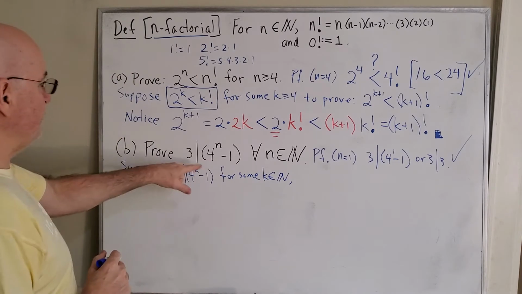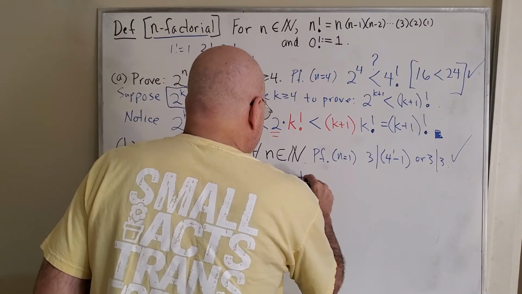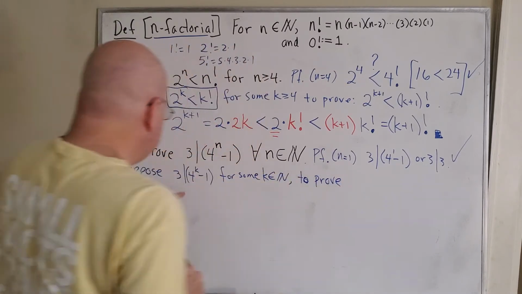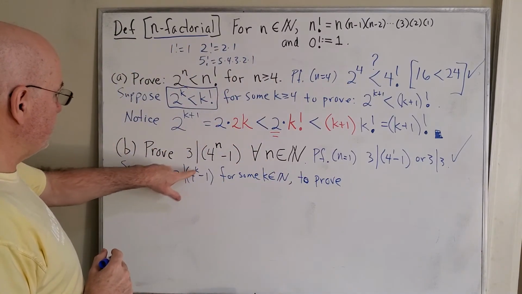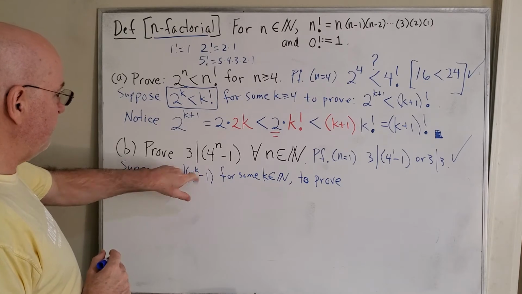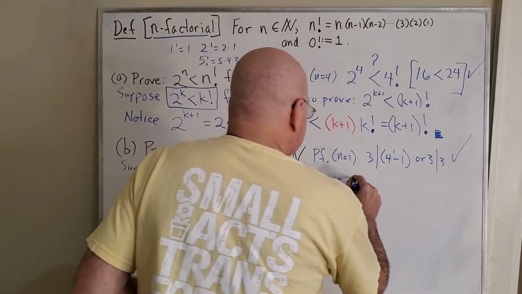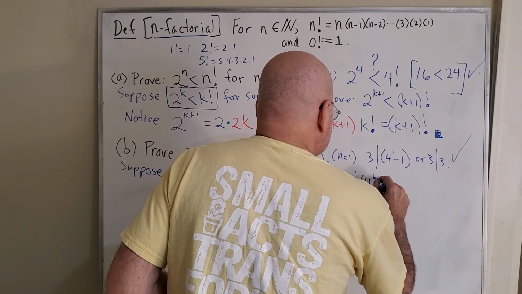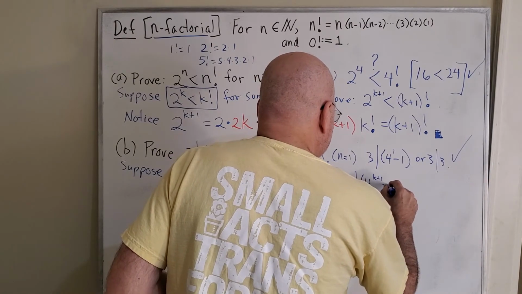That's what we're going to assume is true to prove the next one, the k plus 1 case. The k plus 1 would be, well, k only shows up one time. Just replace k with k plus 1. 3 divides 4 to the k plus 1 minus 1.